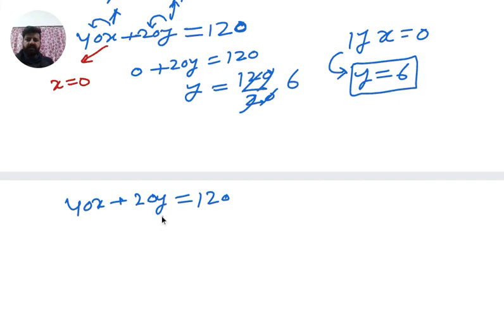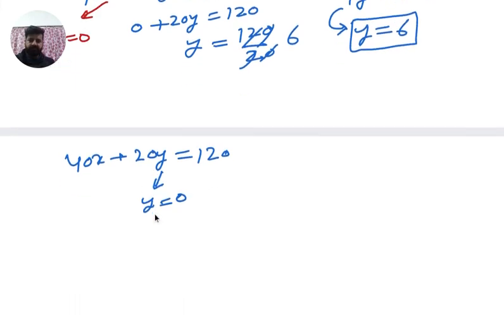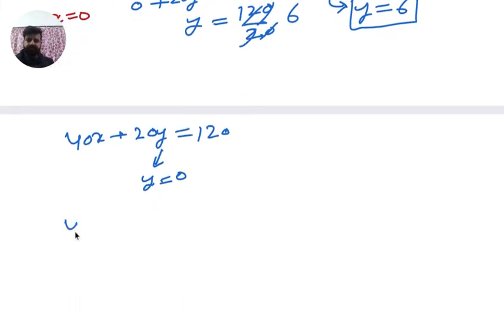Now let's take this term. If I put y equals 0, meaning if I don't purchase the second quantity, then at this condition x will be maximum. So I find out the value of x. x plus 0, because I put y equals 0, so it will be 120, and the value of x will be 120 divided by 40.